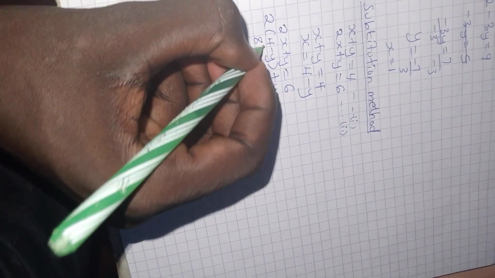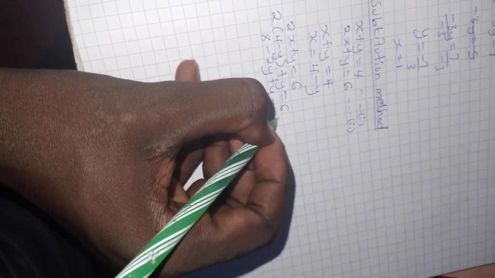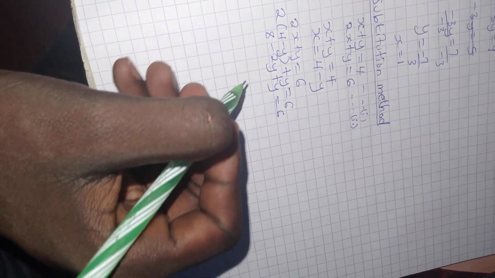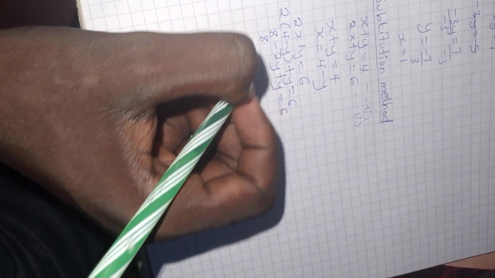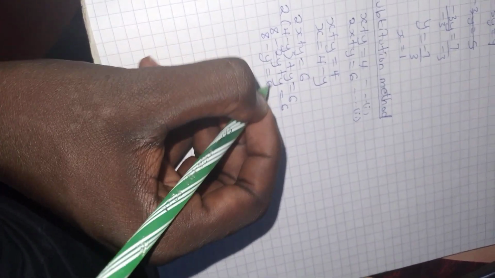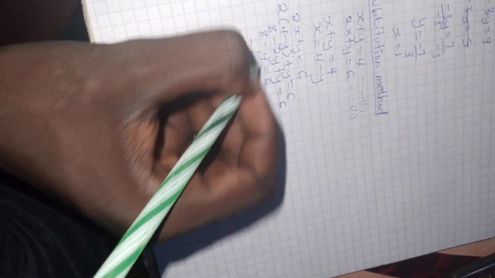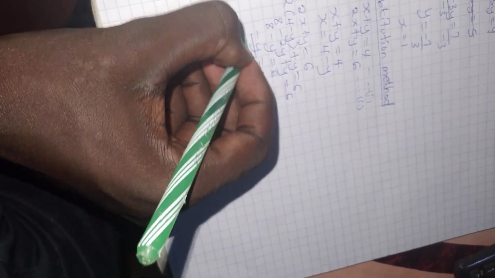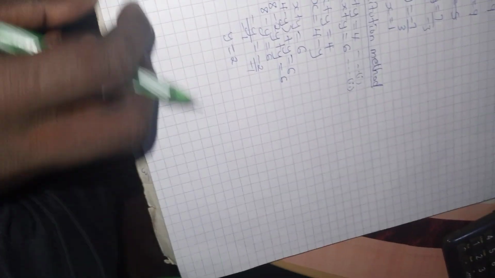It will be 8 minus 2y plus y is equal to 6, which will be 8 minus y is equal to 6. So this will go the other side. It will be negative y is equal to 6 minus 8. 6 minus 8 will be negative 2. Divide both sides by negative 1. y will be 2. The value of y is 2.